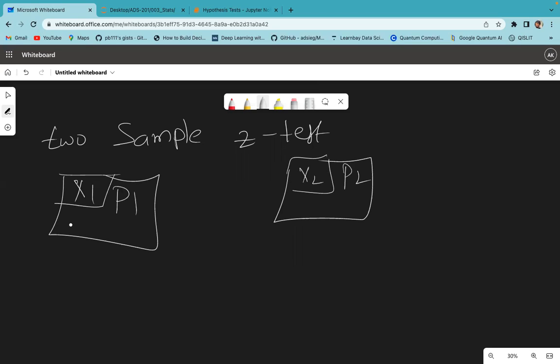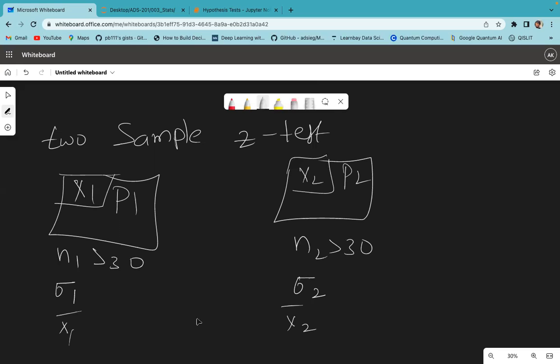Here my n1 must be greater than 30, and my n2 must also be greater than 30, and I should know the standard deviation of population 1 and of population 2. If you know this, we can calculate the mean of sample 1 and the mean of sample 2.